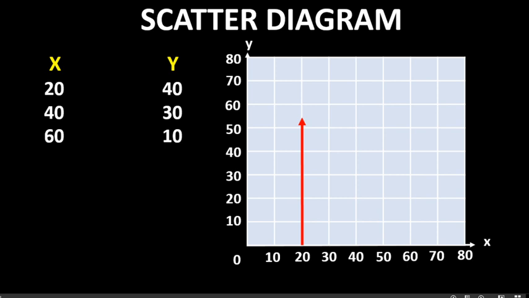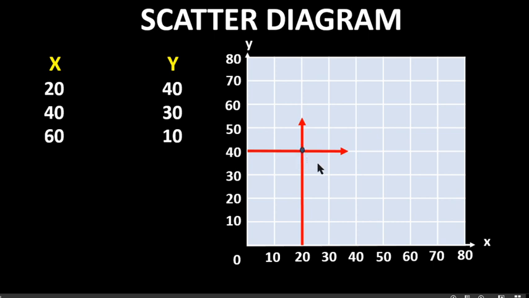And in this pair y is 40, so we'll go to the y-axis, and from point 40 we move towards the right. Where the intersection point of these two arrows is found, there one point is drawn as shown on the screen.